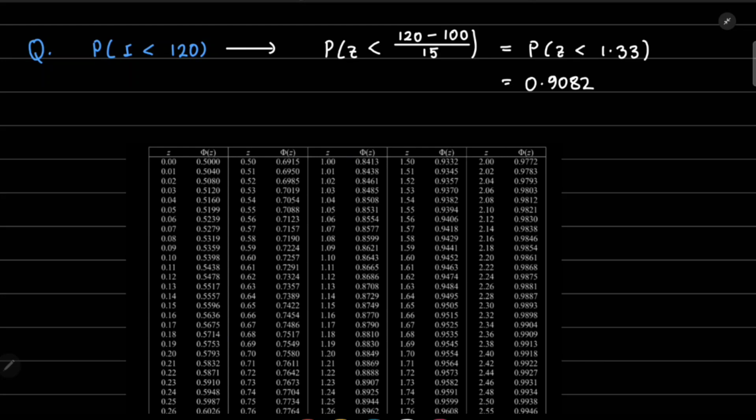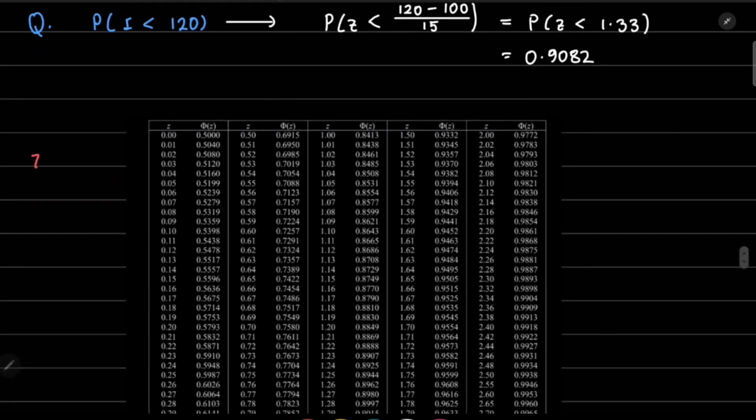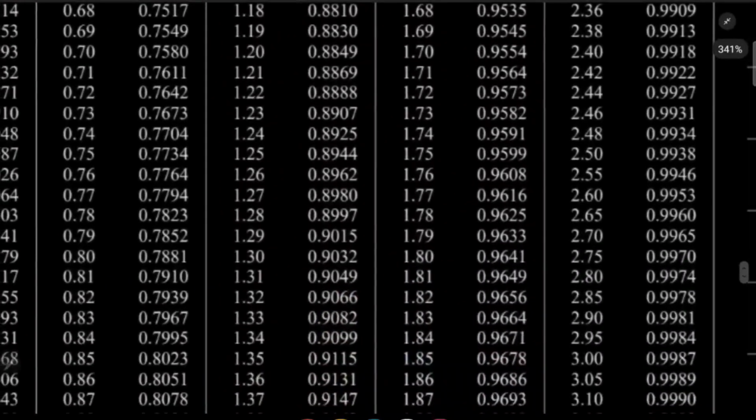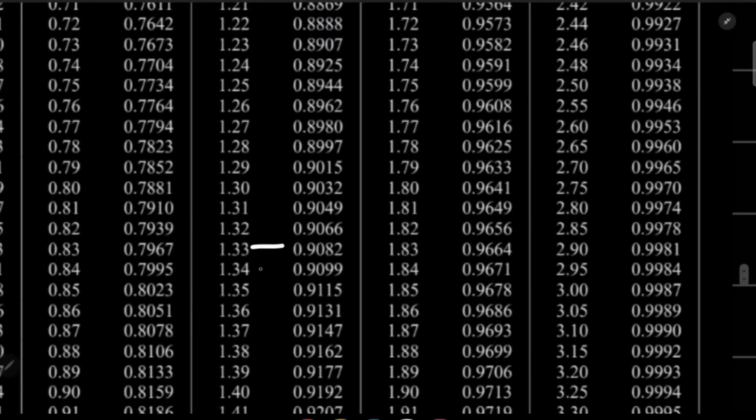We could apply the table here quite easily. However, for some other values, I'll get values such as z less than 1.335, for instance. We have the probability of z less than this. We don't have this value over here in the table. We have 1.33 over here and 1.34 over here.